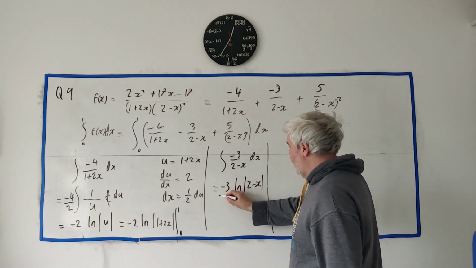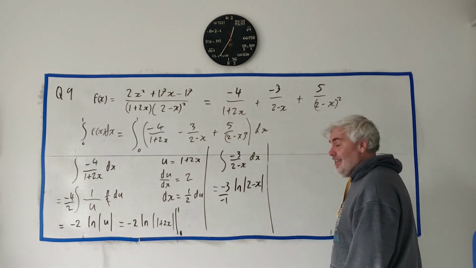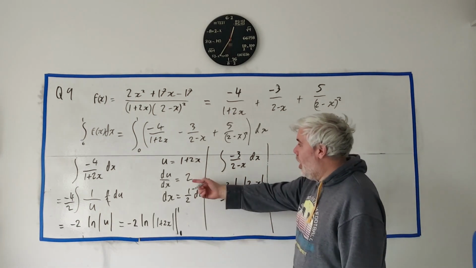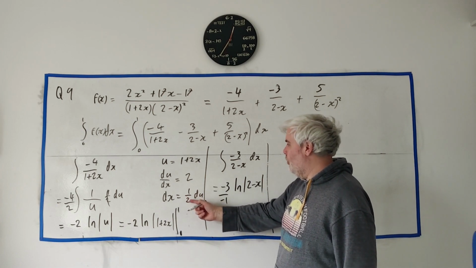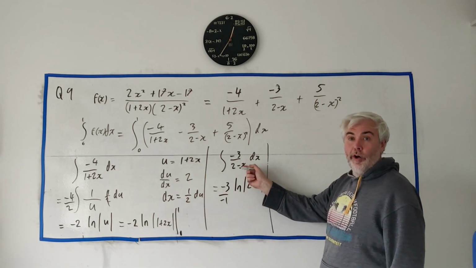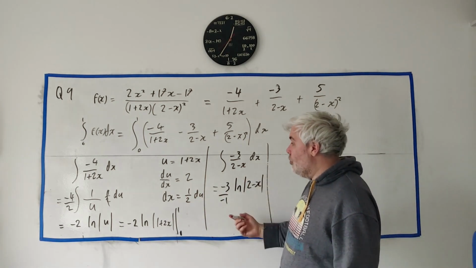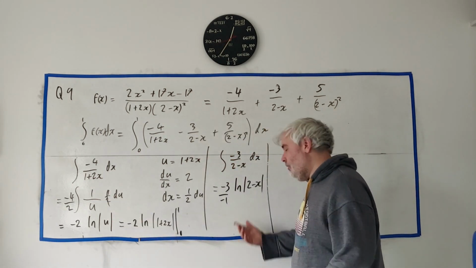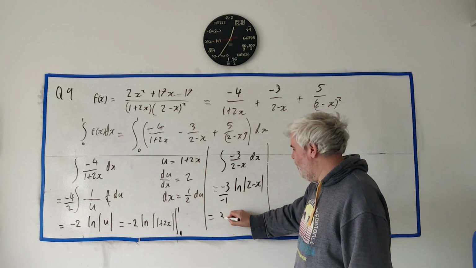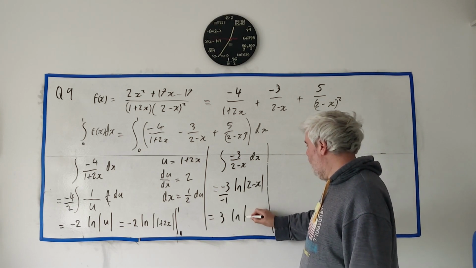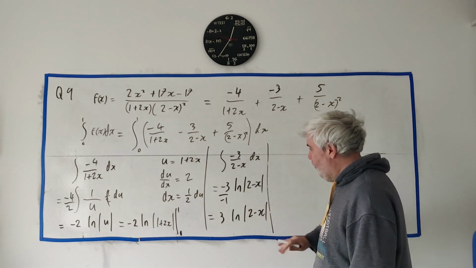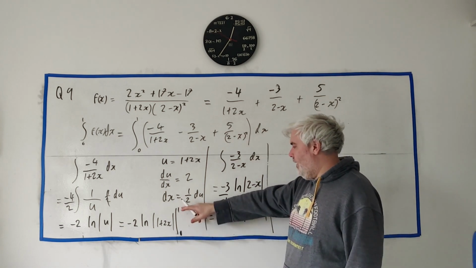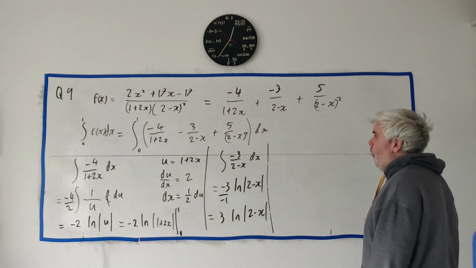It was 2. In this case, it'll be minus 1. That's how they do it in their head. They just know, the 1 over 2 appears here. In this question, it'll be 1 over minus 1. They just know the bottom row becomes the natural log. And when you do lots of these questions, it just becomes common. So we get 3 natural log of 2 minus x. That's it. And again, we can evaluate that at 0 and 1.